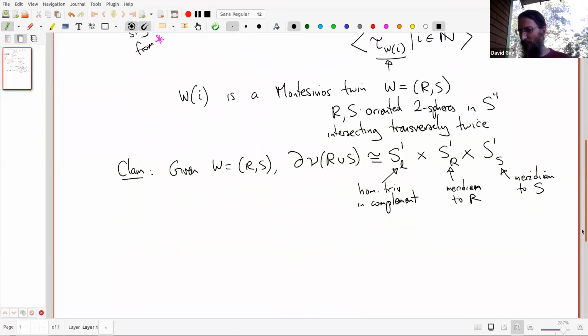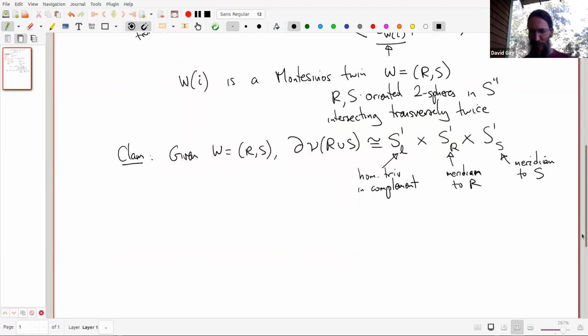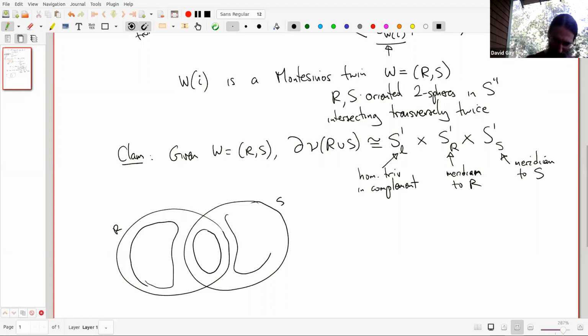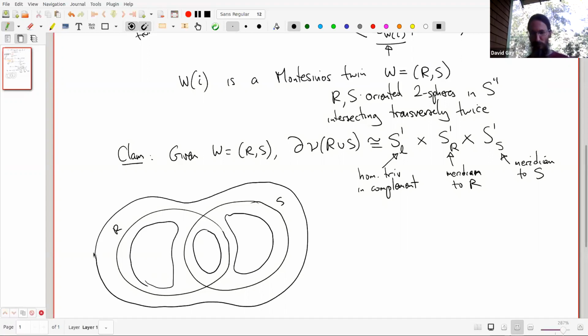So just a quick picture. I won't do a full justification of this fact, but in lower dimensions, if I draw two S^1s in any two-manifold, let's suppose this is R and this is S, and then I take a regular neighborhood of that and take the boundary of that regular neighborhood, you'll notice that the boundary of the regular neighborhood, in an oriented manifold at least, is 4 circles.